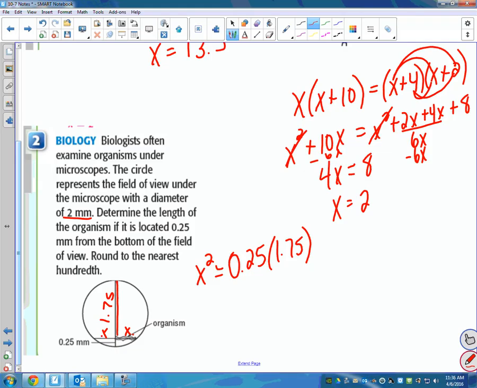So do I just take 0.25 times 1.75 to get my answer? My answer is 0.4375. I can square root it, right? Because that's x squared. Which would be 0.66-ish millimeters.